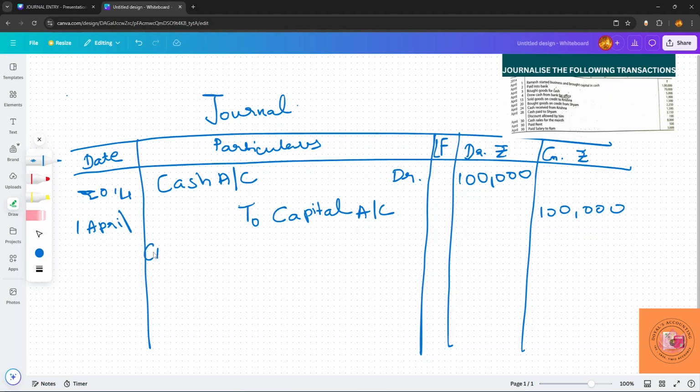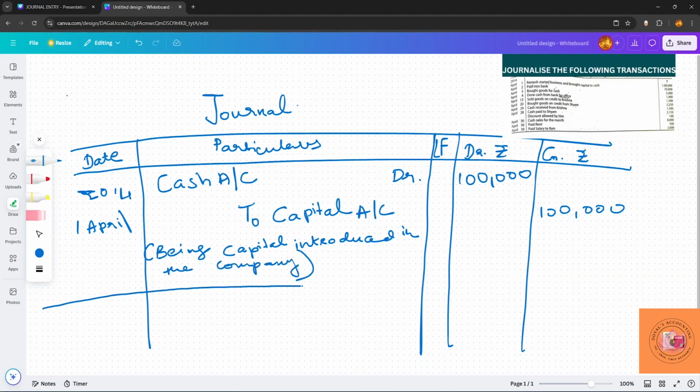This is very important and writing narration will fetch you free marks, okay? So don't forget to write your narration and it always starts with the word being. Being capital introduced in the company. Okay, and then you draw your line and we go to the next entry.